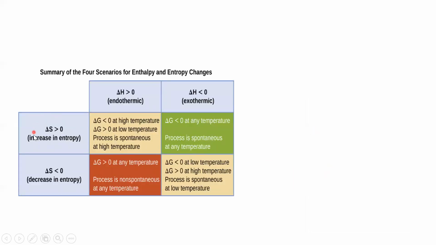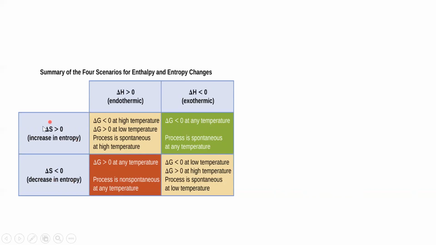If our entropy increases and our enthalpy decreases, it will always be spontaneous. If the enthalpy is positive, it's endothermic, not favored, and our entropy is negative, not favored, it will never be spontaneous.